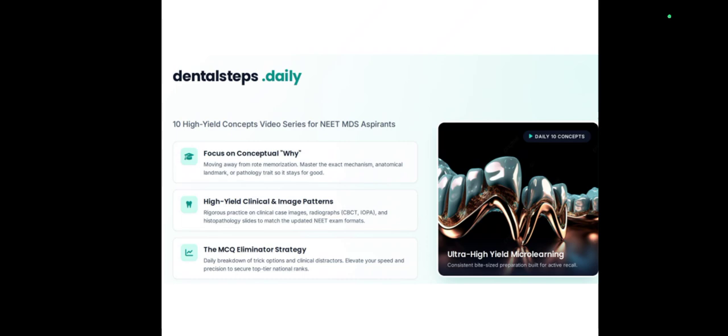Second, high yield clinical and image patterns. We tackle clinical photographs, CBCTs, IOPAs, and histopathological slides to match the evolving, highly clinical Neet MDS exam pattern. Third, the MCQ eliminator strategy.